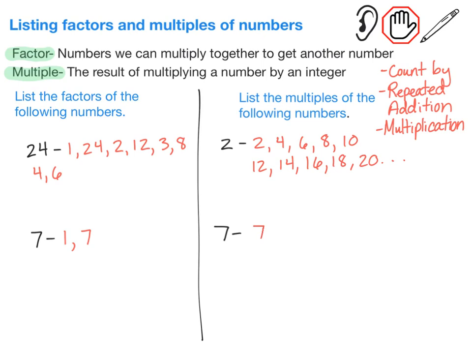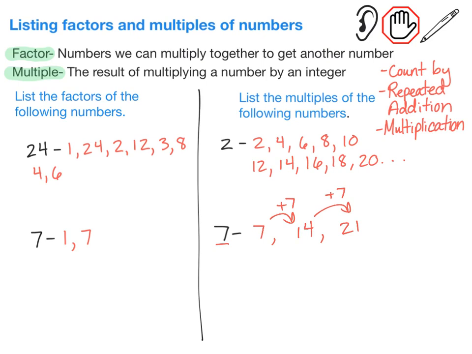So 7 plus 7 is 14. 14 plus 7 is 21. Or I could think of it as multiplication. So multiply this number by an integer.